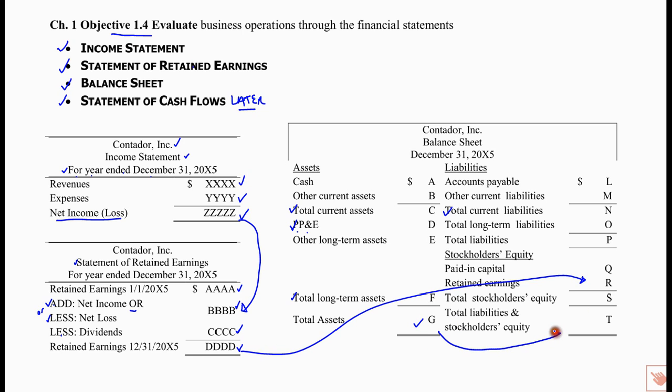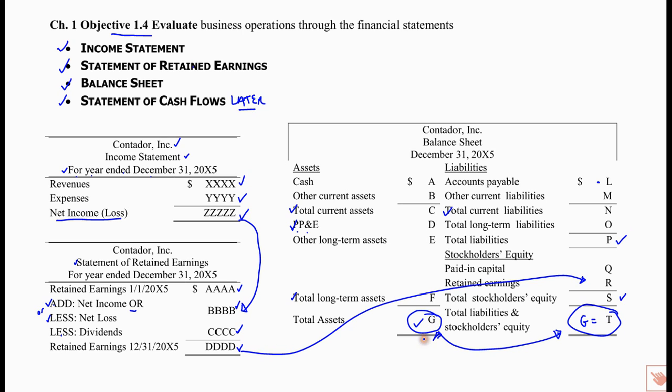These two should be equal, total equal to total there. And this is why it's a balance sheet. Total assets equals total liabilities plus total stockholders' equity. It's your accounting equation. You'll have total liabilities, you'll have your total stockholders' equity. Add those two together, you'll get this.